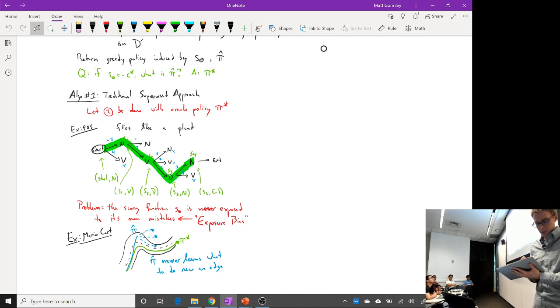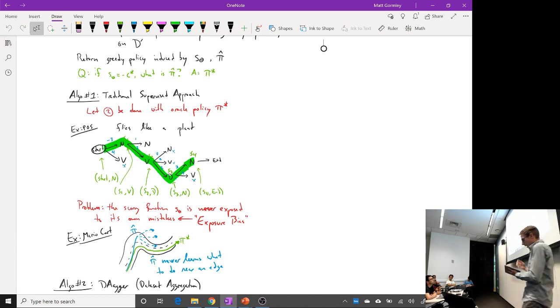Okay, so here's algorithm number 2. And this is Dagger, which is a funny abbreviation for dataset aggregation. Okay.